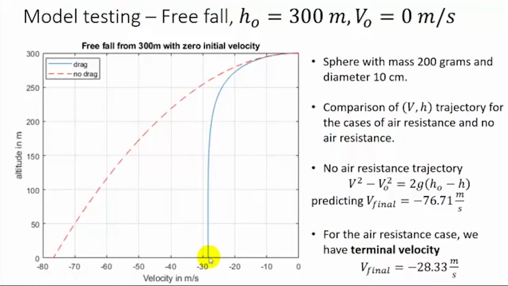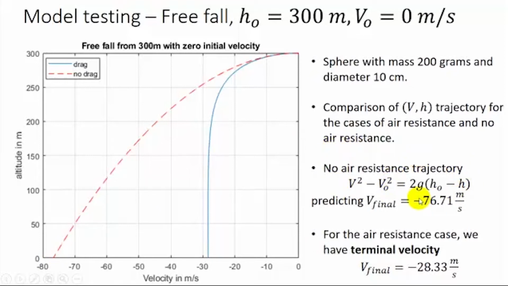The terminal velocity is a well-known phenomenon in the case where we have free fall under gravity and aerodynamic resistance. When there is no aerodynamic resistance, it's obvious that the ball velocity continues to increase and there is no terminal velocity in this case.